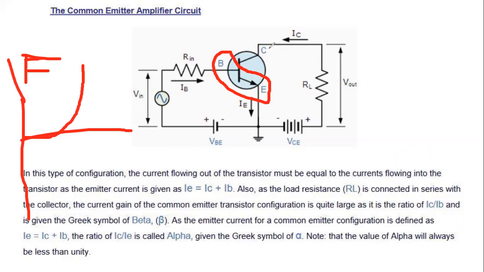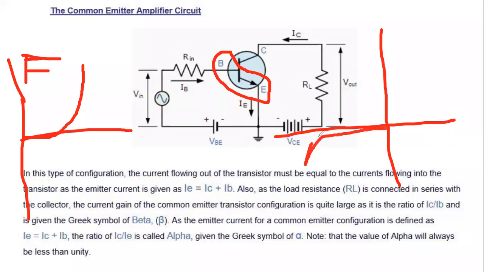And we see that the collector-base junction is reverse bias. So the output characteristics will be the reverse condition of a diode, something like this. But this is on the reverse side, so if we replicate this, it will be something like this on the positive side.